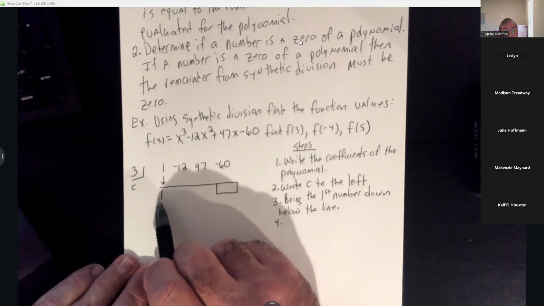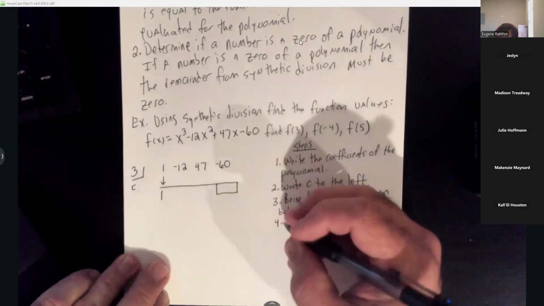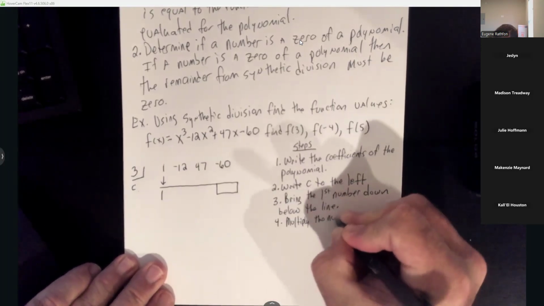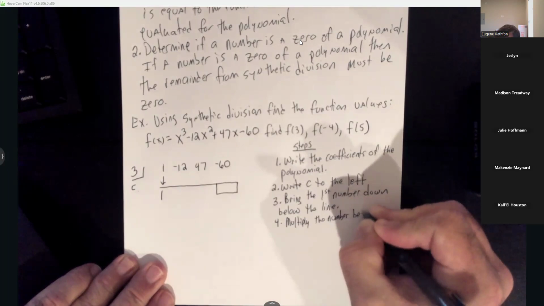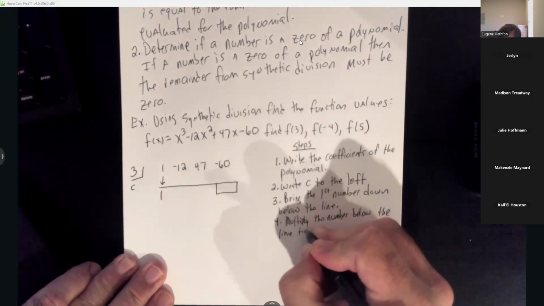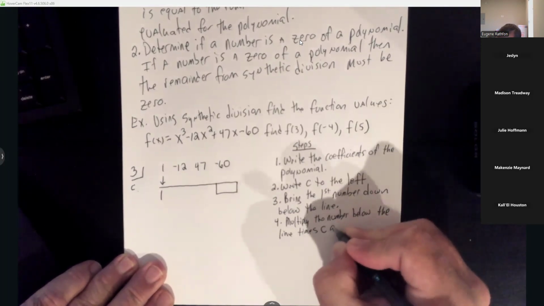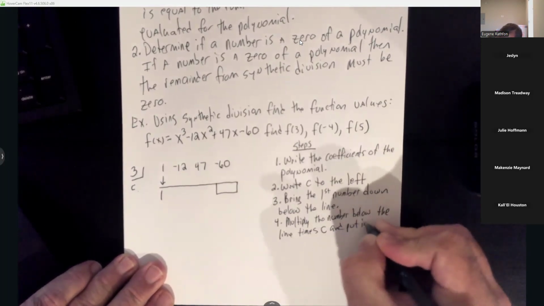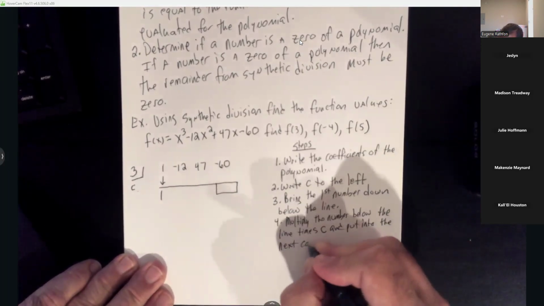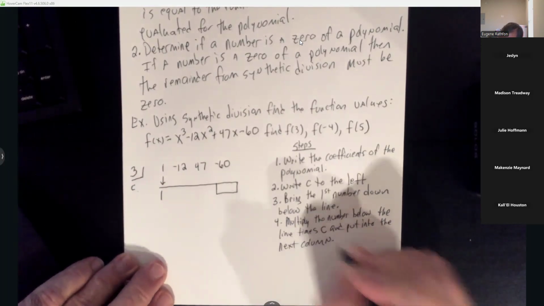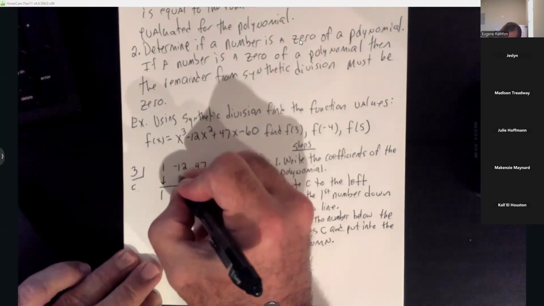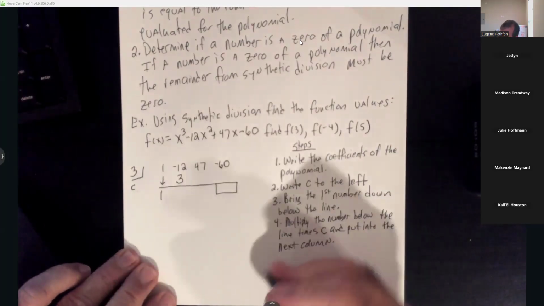So multiply that number times 3. So multiply the number below the line times C and put into the next column. All right, y'all. So 1 times 3 is 3. So we're going to put that into the next column.